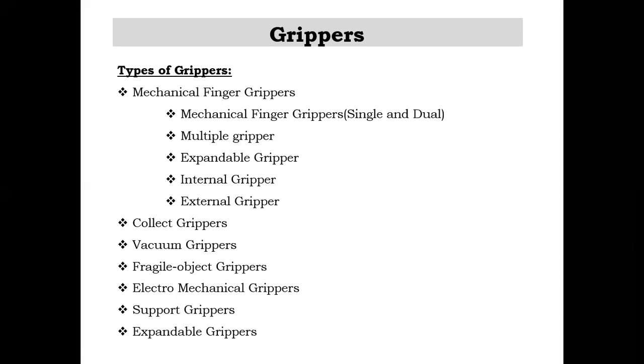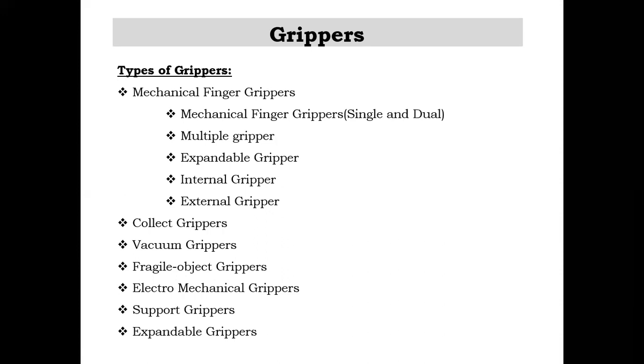In a single gripper, the bottom side is fixed, and the finger moves in upward and downward directions. A multiple gripper means we are using a larger number of fingers in the gripper.